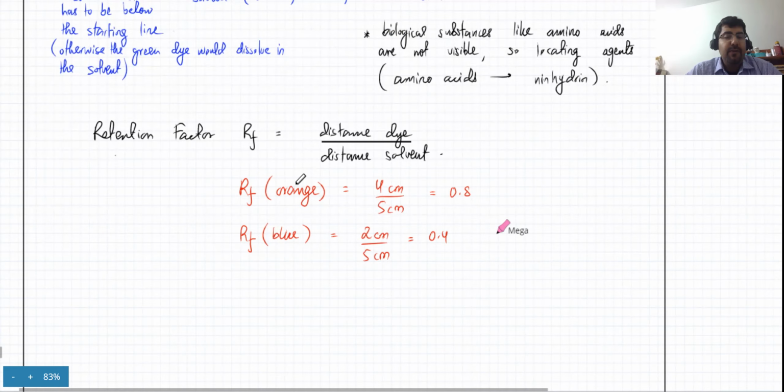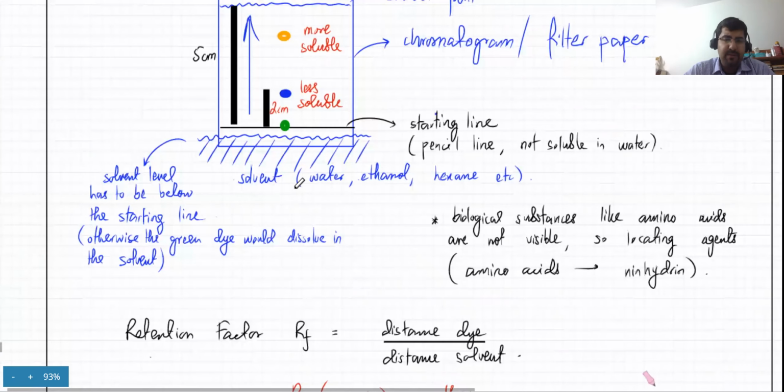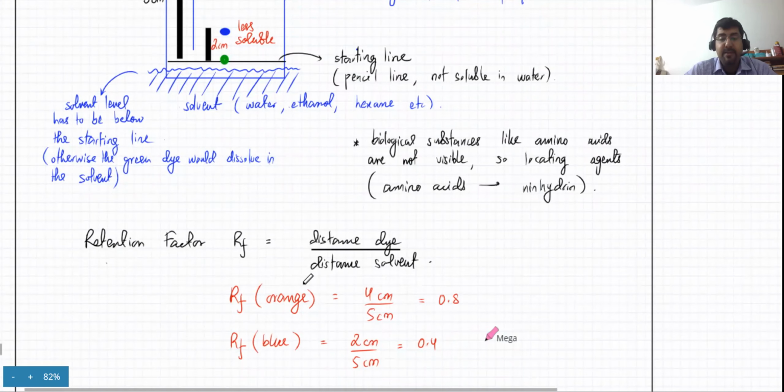And this is always for the orange dye. This is always going to come out to be 0.8. I mean, specifically the one that we're using over here, the hypothetical one. No matter what the chromatography is, if you're using the same dye, the RF value would always come out to be 0.8.